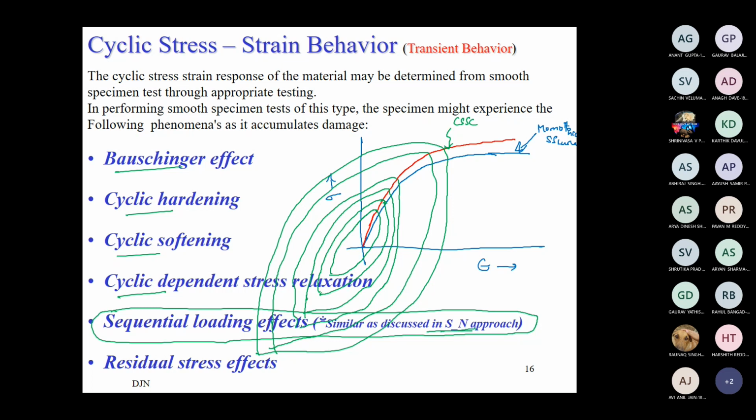Same effects, same discussion is valid. The only thing is, instead of saying stress is applied greater, we say here the strain; rather than explaining with reference to the overload stress cycle, we say overload strain cycle. With that, what is the effect of the smaller magnitude strain cycle on strain life? We will discuss like that.